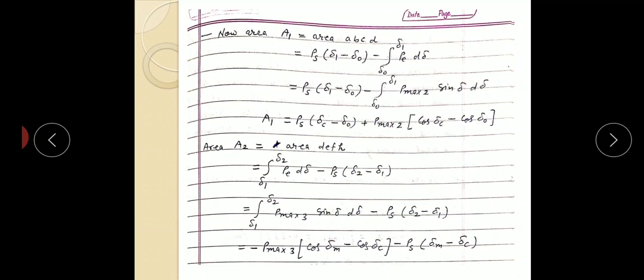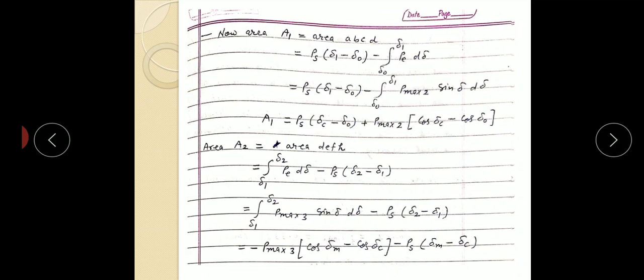Area A1, area ABCD, is equal to PS into delta 1 minus delta naught, minus the integral from delta naught to delta 1 of P delta, same concept. So PS (delta 1 minus delta naught) minus the integral from delta naught to delta 1 of P max 2 sin delta. This is from figure number 3.